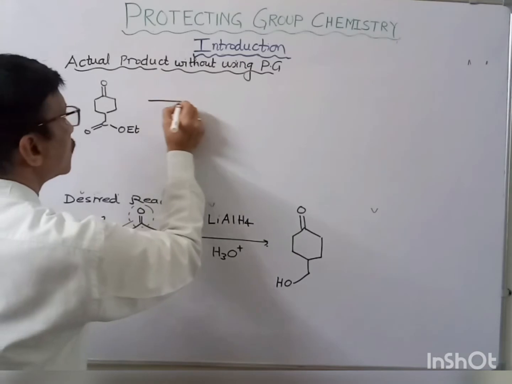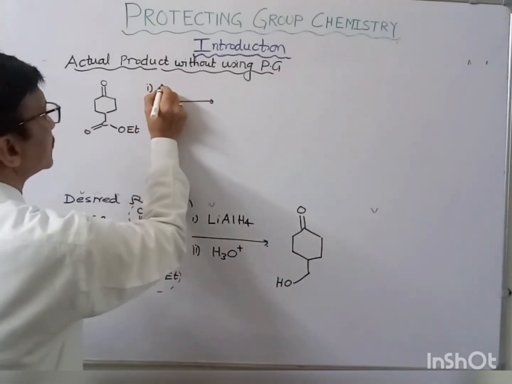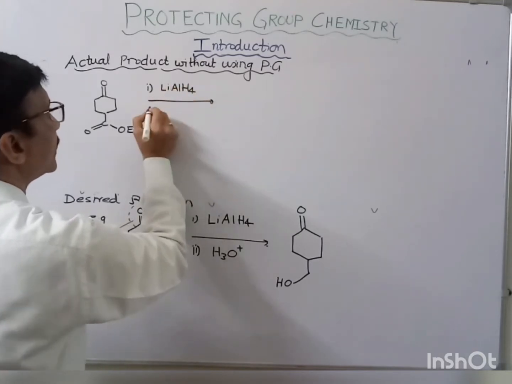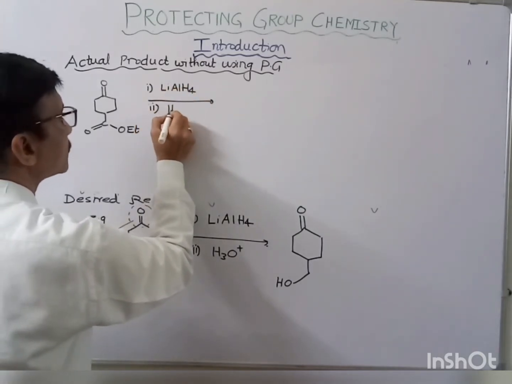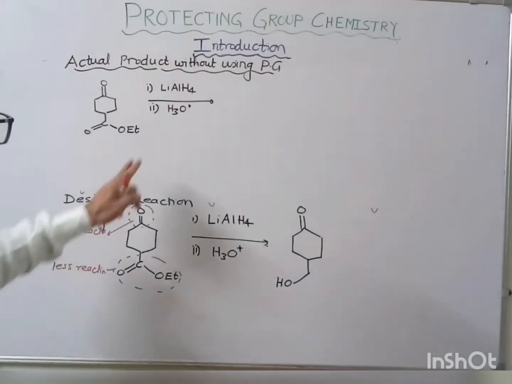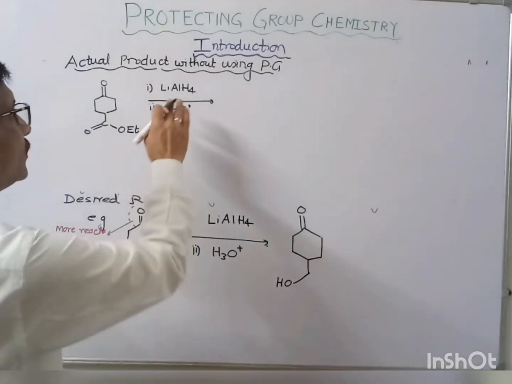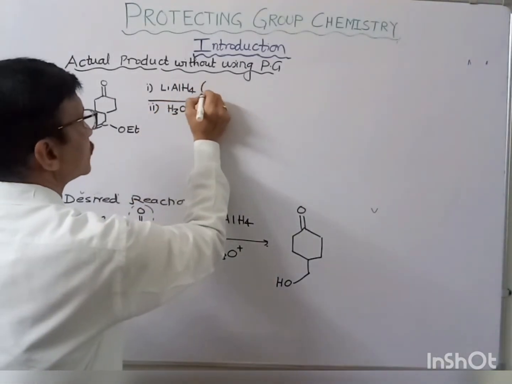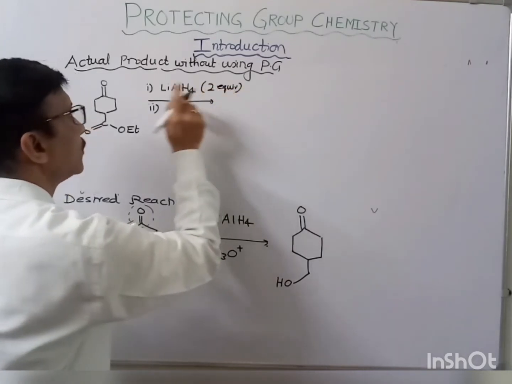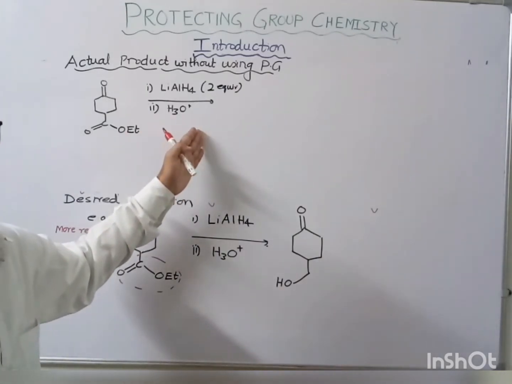Okay, so in presence of lithium aluminum hydride and further hydrolysis, and suppose we are taking two equivalents of lithium aluminum hydride, or suppose we are taking excess amount of lithium aluminum hydride.